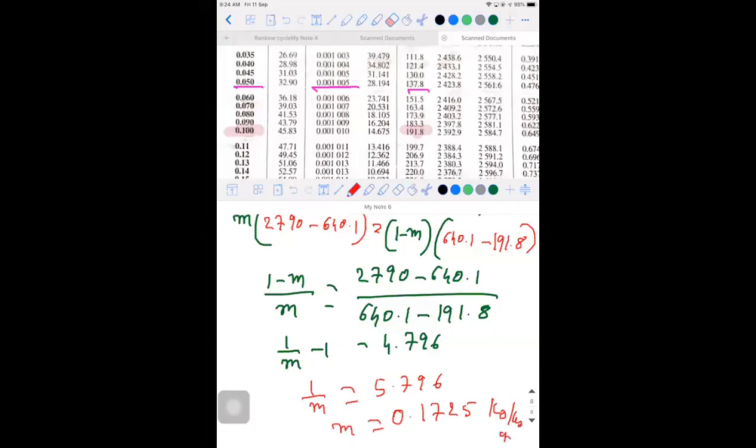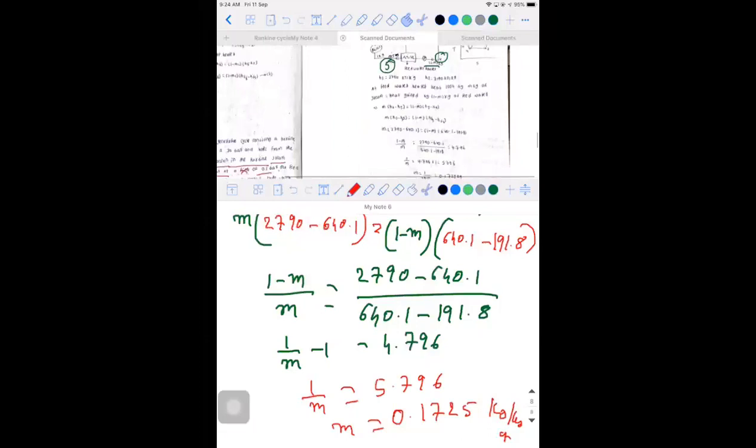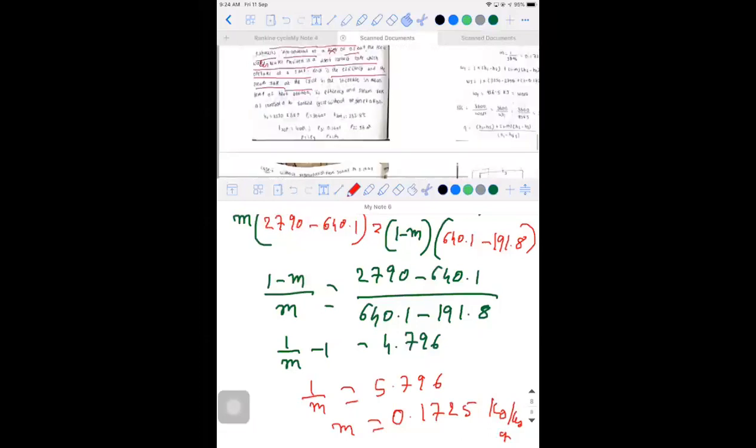After getting this answer, let us have the corresponding hs diagram.